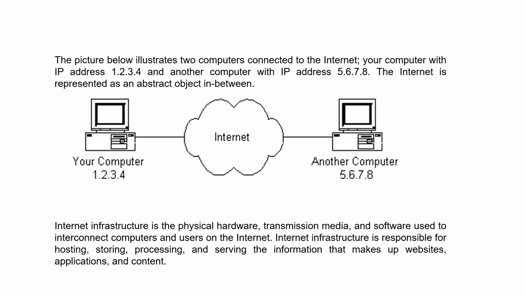Here another illustration is given where two computers are connected to the internet, where they are given a particular IP address, that is internet protocol address, for them to communicate. Then internet is represented as an abstract object in between, but there is an infrastructure behind the internet for connection.